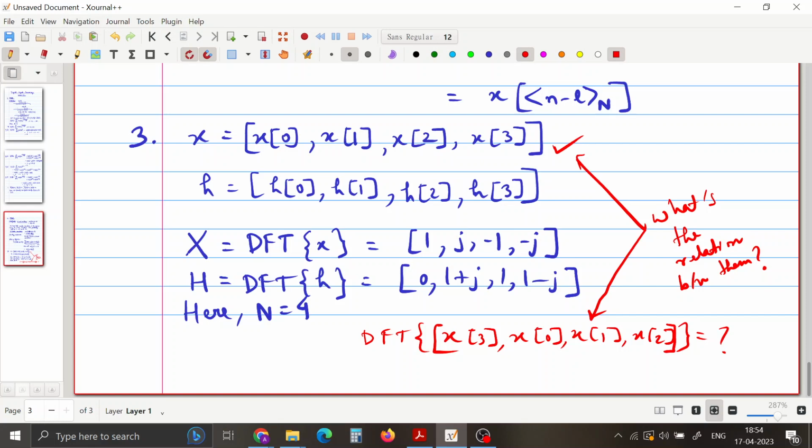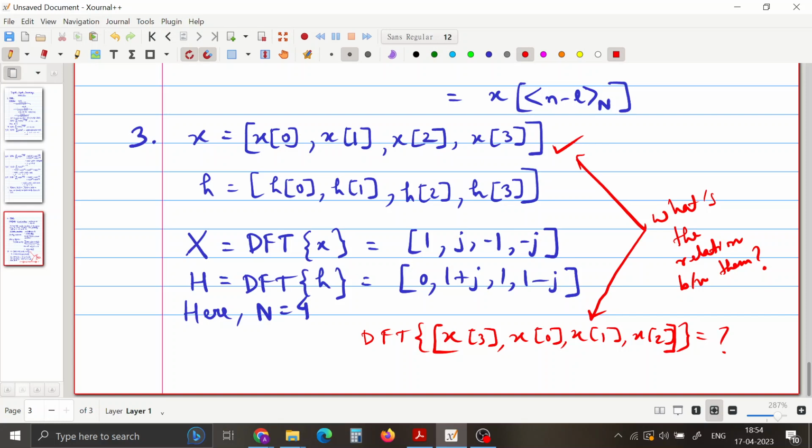See, the original sequence is x of 0, x of 1, x of 2, x of 3. If you shift all these individual elements to the right by one place, you shift this cyclically. Why is this a cyclic shift? Because here we are dealing with DFT and there is the concept of periodicity.